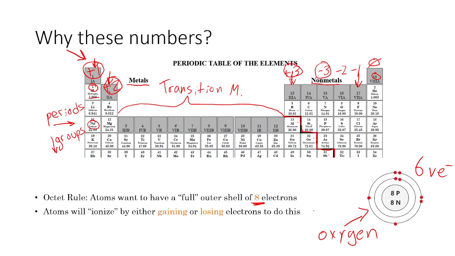Okay? And so the easiest way for oxygen to do this, I mean, it could lose all 6 of these electrons, which would reduce it down to its innermost shell, which only has 2. But it's much easier to just get 2 more electrons, right? Just get another 1, get another 2, and then boom, you've got a nice stable outer shell of 8. Okay?